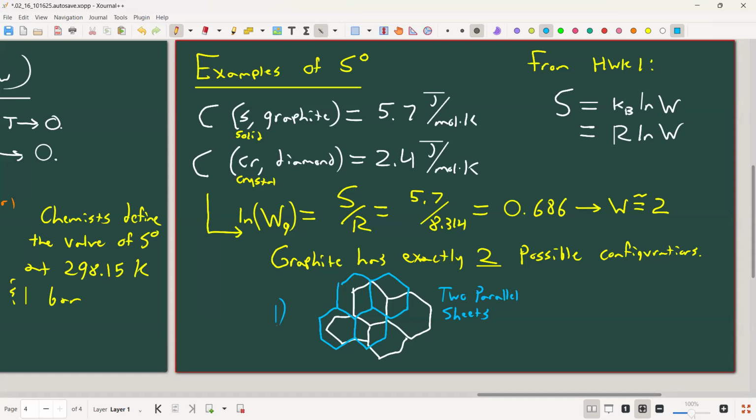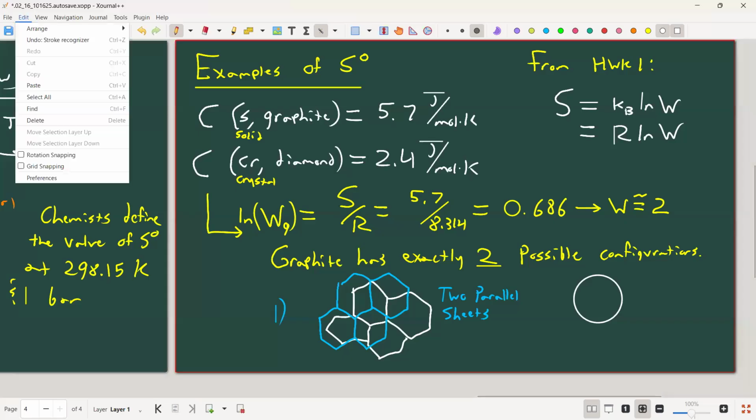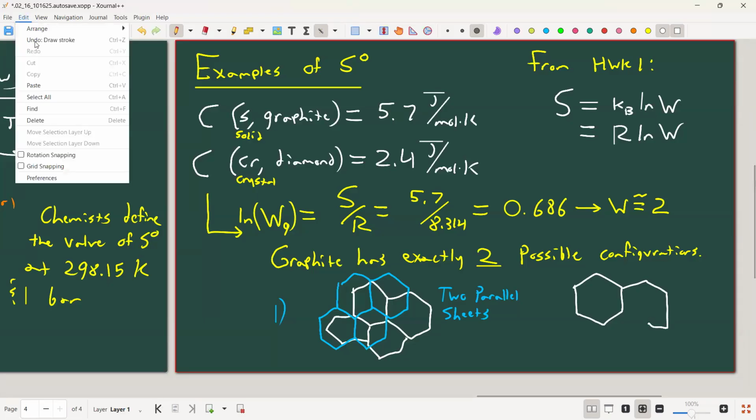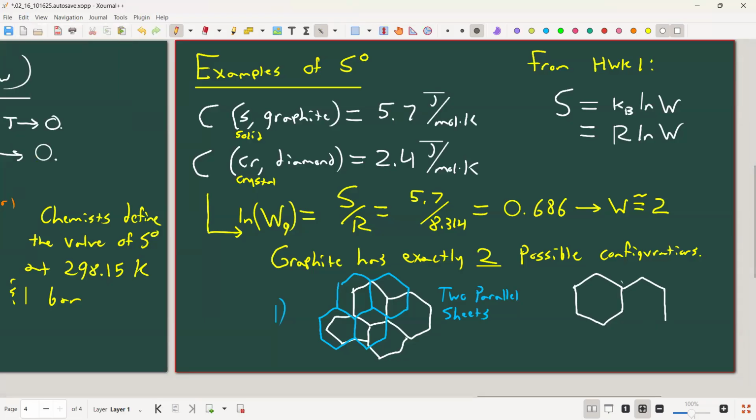Where, for instance, two parallel bonds that are identical, this one and this one, instead of being parallel, are now perpendicular to each other. So let me see if I can draw that. I'm going to draw the second sheet precisely the way that I drew the first one. And this time I drew it much better.